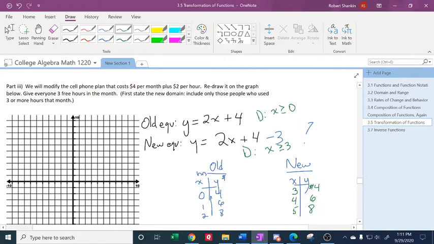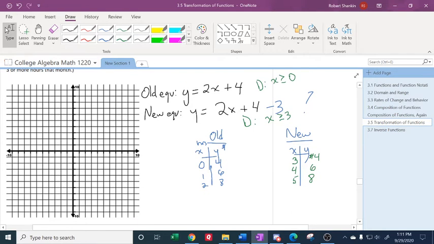Alright, so what we can see is when you get 3 free hours in a month, this data set of the inputs gets replaced with this data set.